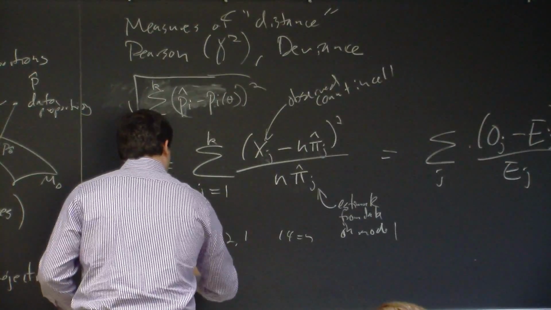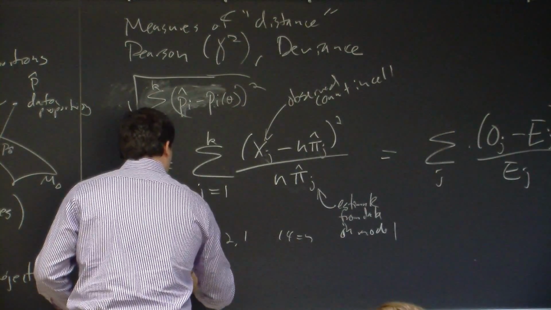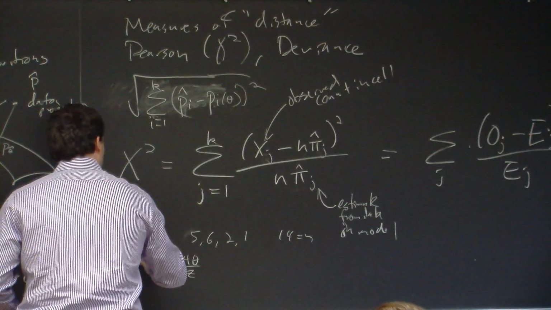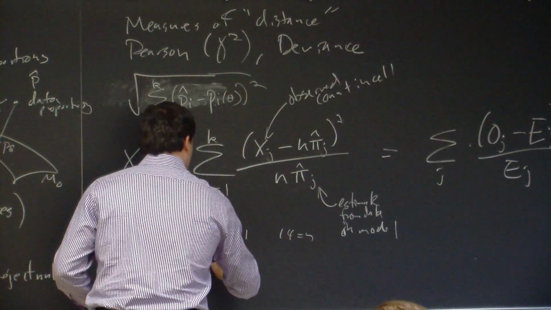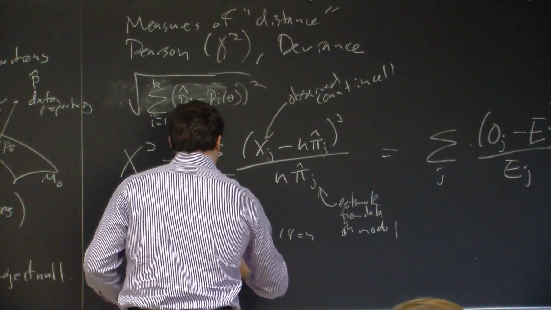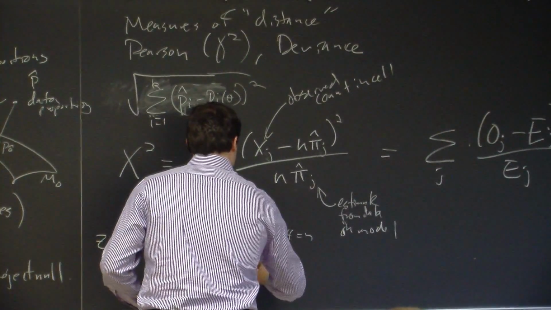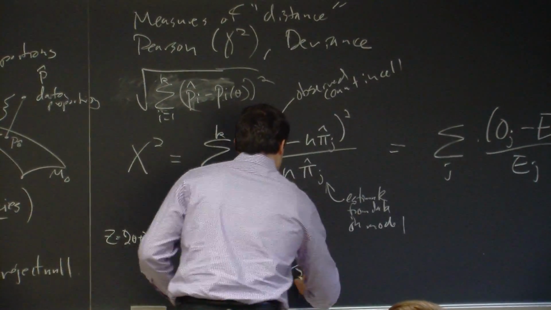For these cells, I get 14 times theta divided by the constant z equals 2 theta plus 2 theta squared: 14 times theta over z, 14 times theta squared over z, 14 times theta squared over z.